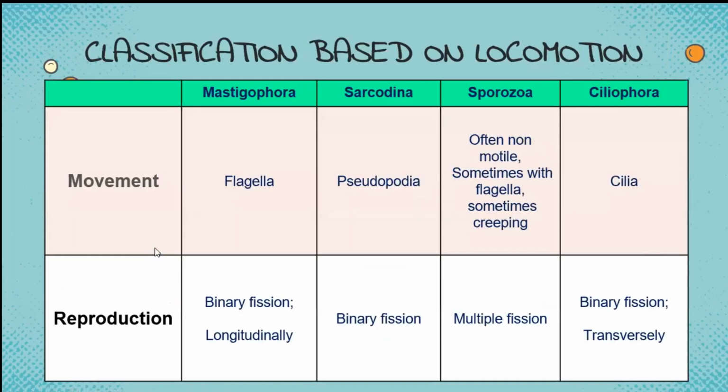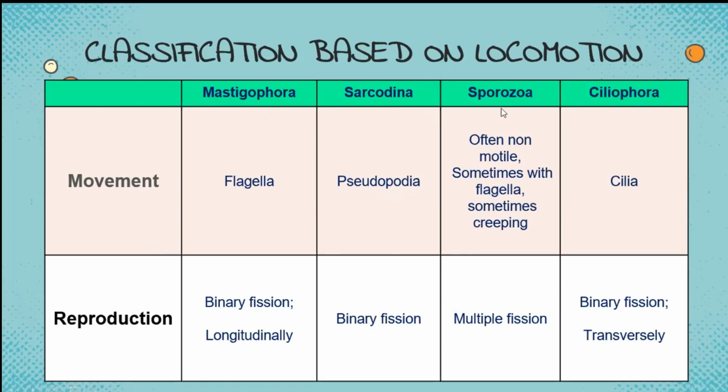Next slide. This is the classification based on protozoa locomotion. The first one is Mastigophora. For movement, it moves with flagella, and for reproduction, it is binary fission longitudinally. For Sarcodina, the movement is by pseudopodia and the reproduction is binary fission.